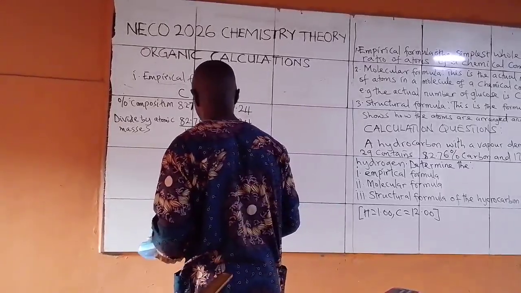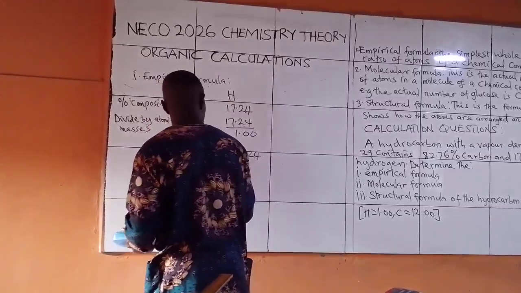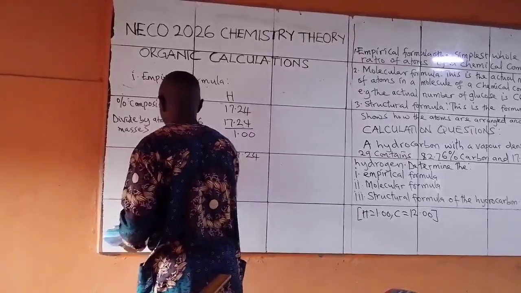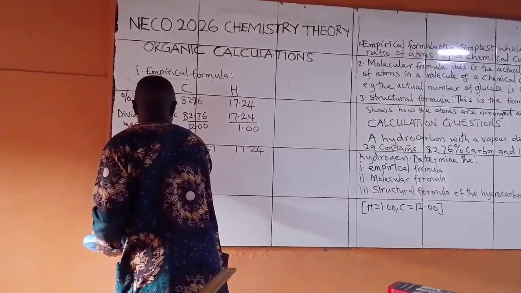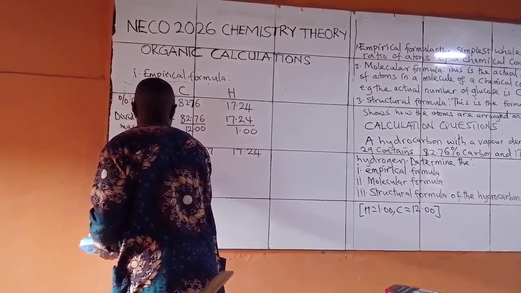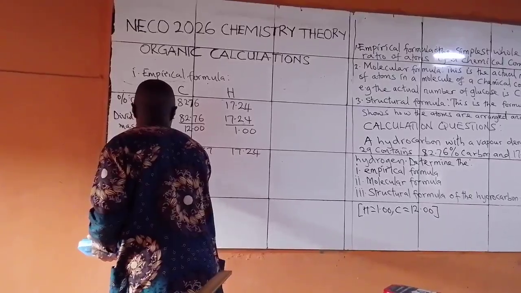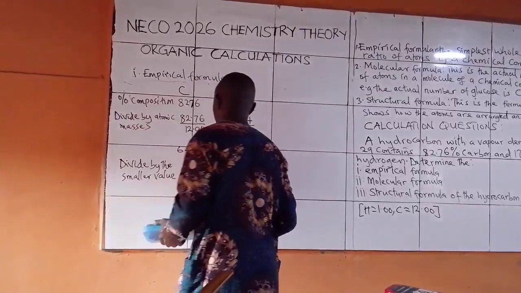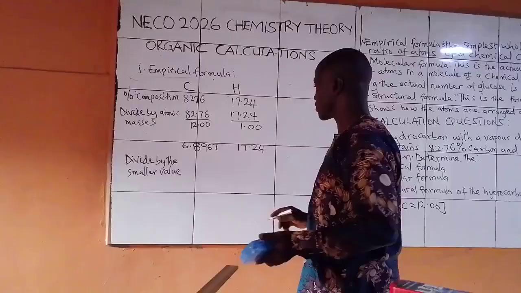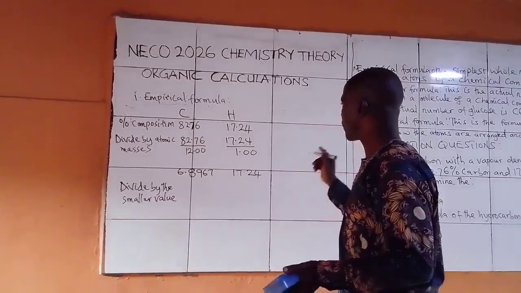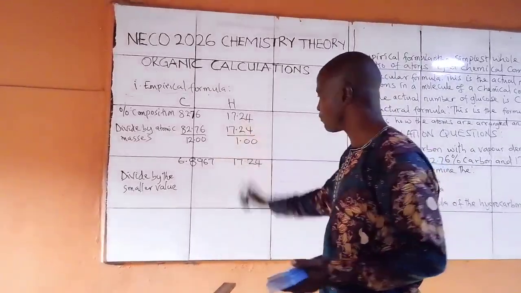Then the next step is to divide by the smaller value. We are dividing by the smaller value because we are comparing between carbon and hydrogen. In a situation whereby we have more than two elements, it will be divided by the smallest value.